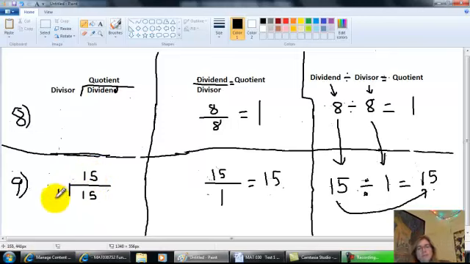In any of these situations, when the divisor is 1, the number doesn't change. And up here, we have 8 divided by 8 equals 1, whether it's set up this way, 8 into 8, or 8 divided by 8, it's also 1. Okay, that's those two.